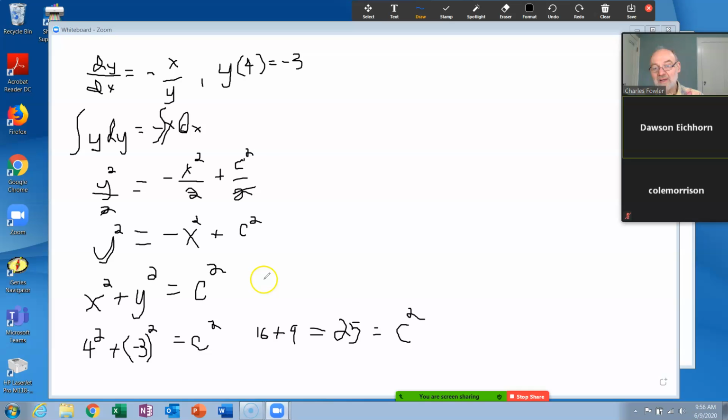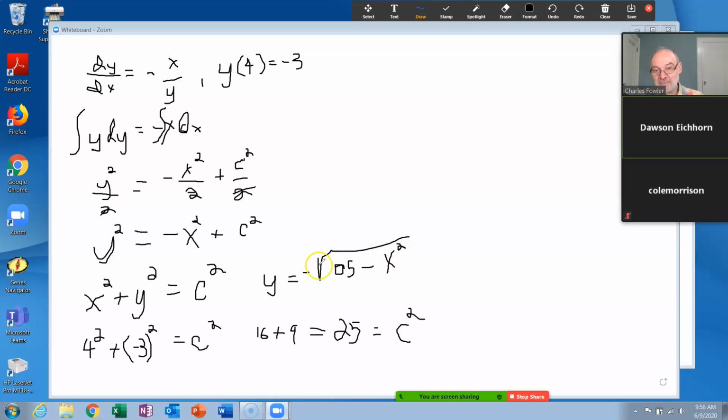You would say y squared is equal to 25 minus x squared, and then your y would be the negative square root of that. Negative the square root of 25 minus x squared. That's supposed to be a 2, folks. 25 minus x squared. So it doesn't matter which you call c, plus or minus.